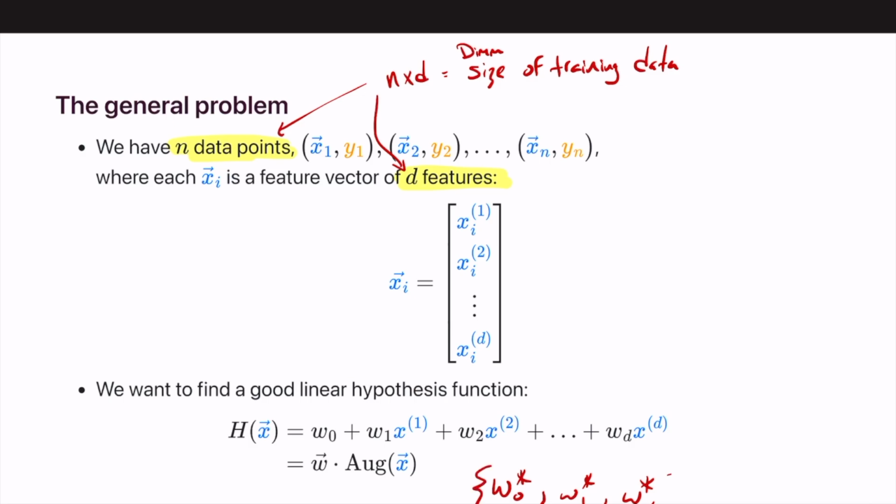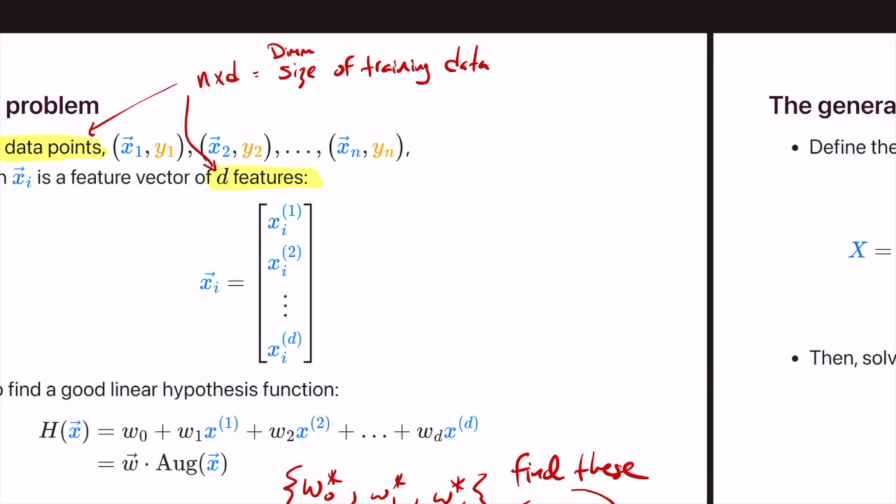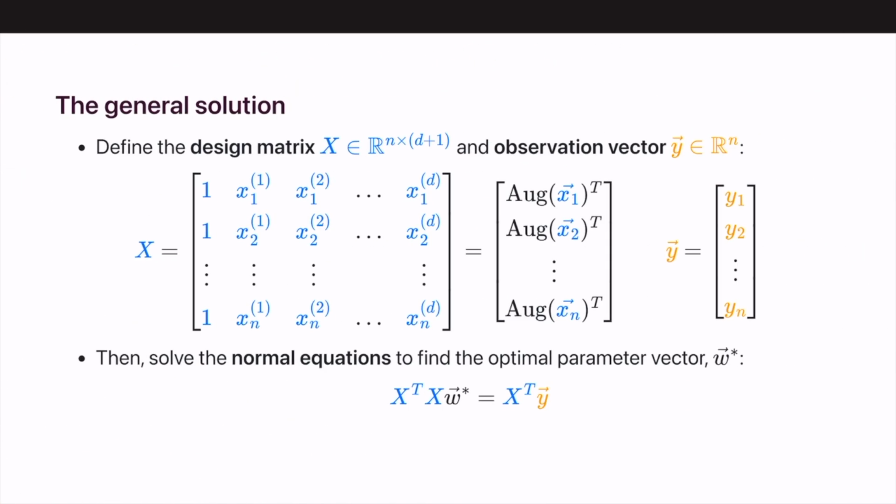So we want to find these. This is the most important thing, and in order to do that, we need to create a design matrix, and we need our observation vector. The observation vector is given to us. This is our y's, the things we're trying to predict.